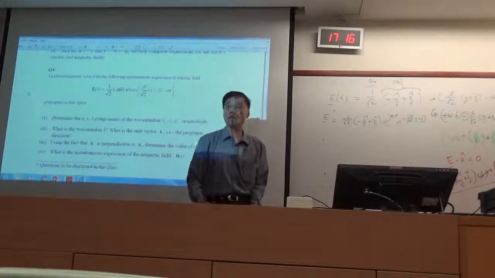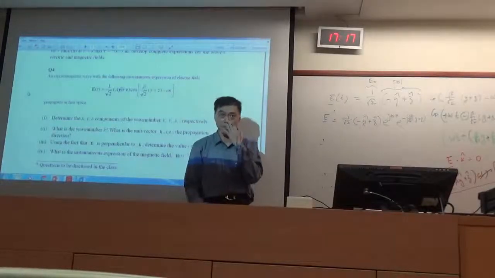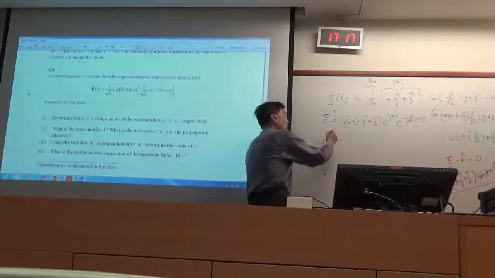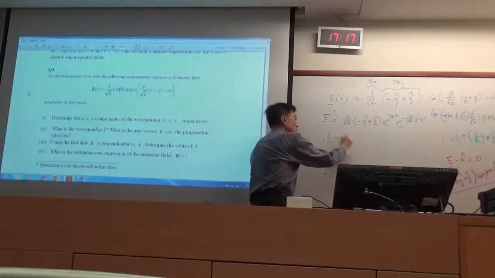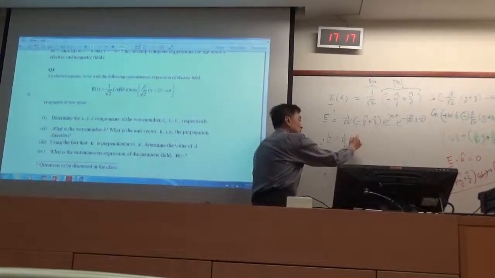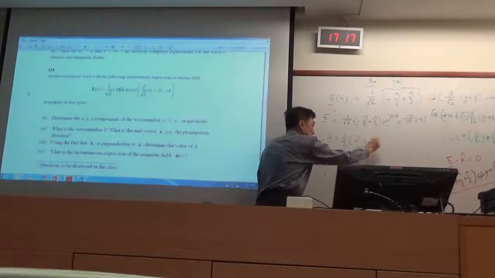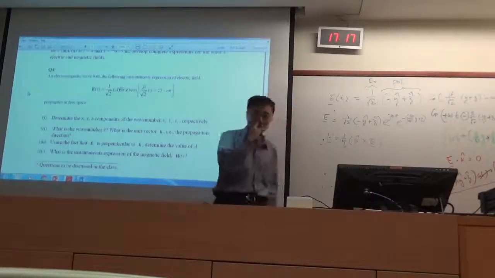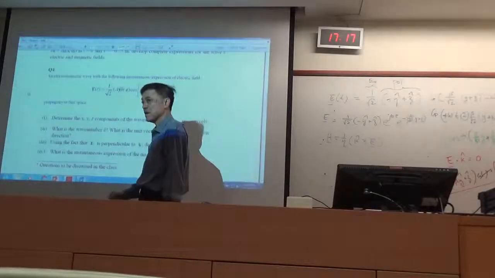This is my phasor form. H is equal to 1 over zeta, k cross E.